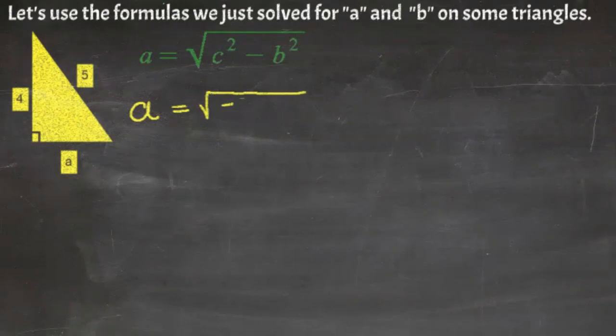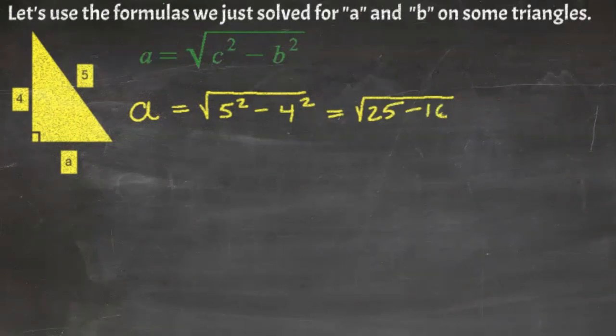So a is equal to the square root of 5 squared minus 4 squared. That's c squared minus b squared. And that's equal to the square root of 25 minus 16, which is equal to the square root of 9. And the square root of 9 is 3. So a is equal to 3.